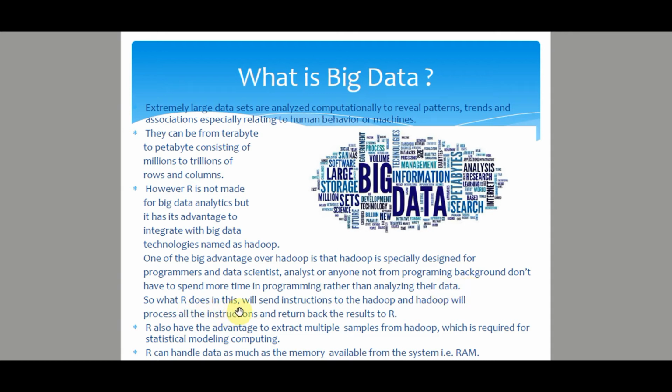So what R does here is send instructions to Hadoop, and Hadoop will process all the instructions and return the results to R. R also has the advantage of extracting multiple samples from Hadoop, which is required for statistical modeling and computing, and can handle as much data as the memory available in the system's RAM.